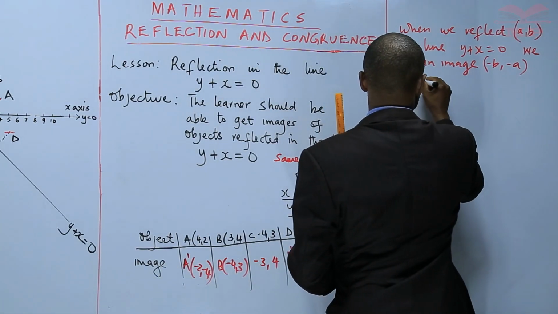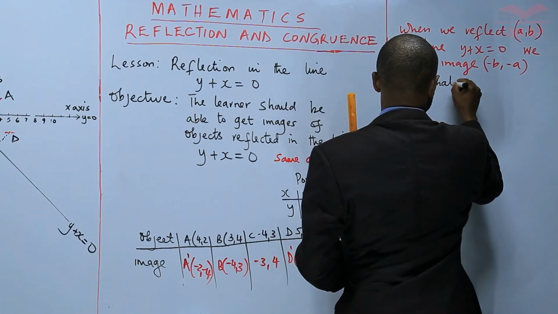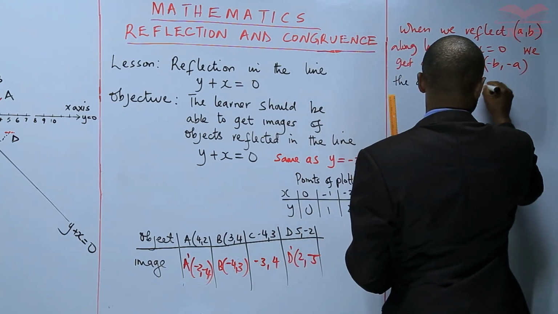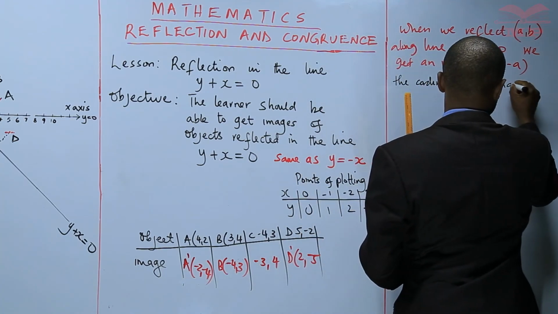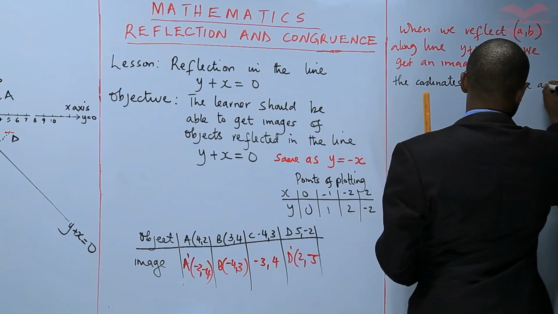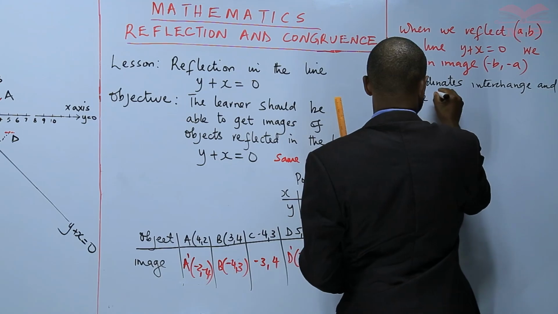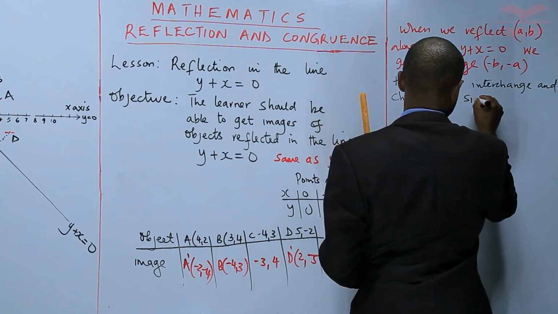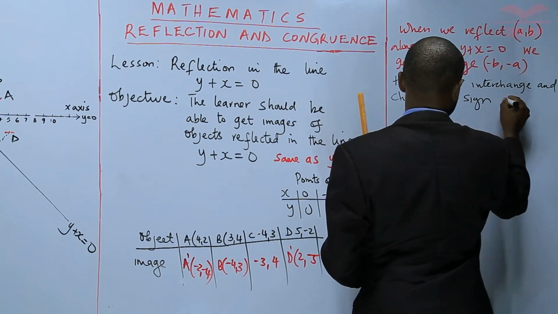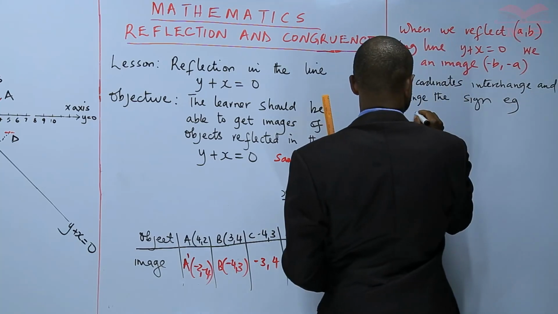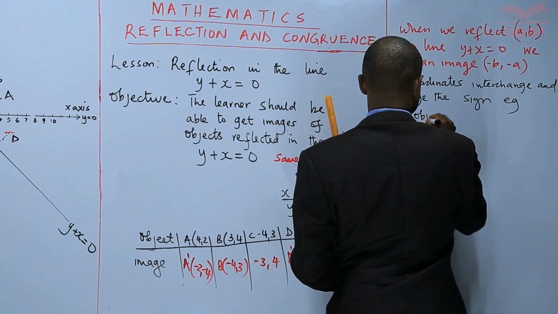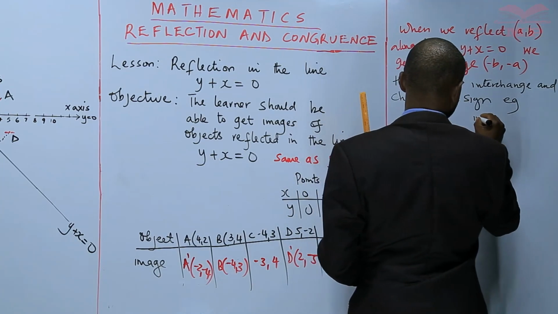The coordinates interchange and change the sign. For example, we can have object, image.